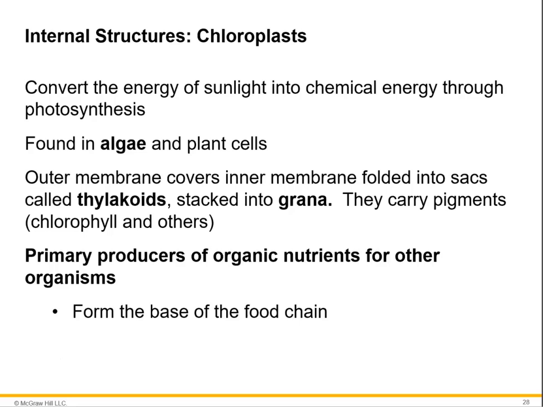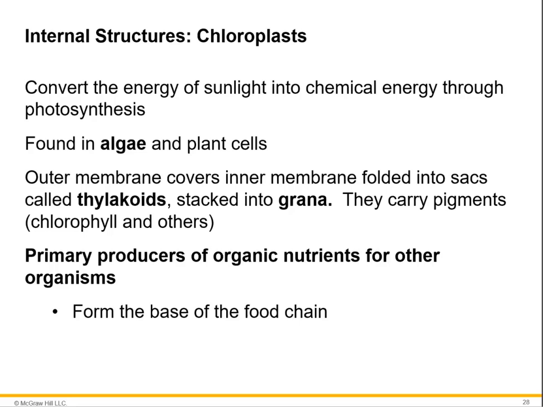Chloroplasts. So these are going to be found in plants, but also algae, and that's why we talk about them in microbiology. They convert the energy of sunlight into chemical energy through the process of photosynthesis. The chloroplast is going to have an outer membrane that covers an inner membrane, and that inner membrane is folded into sacs called thylakoids, and those thylakoids are stacked kind of like coins, and those stacks of coins are called grana.